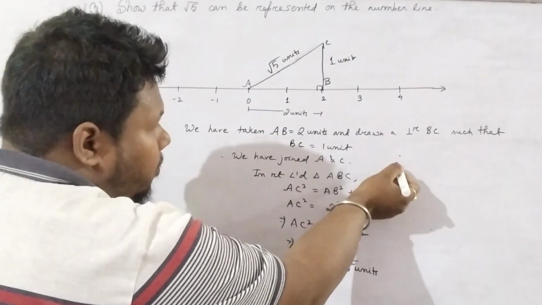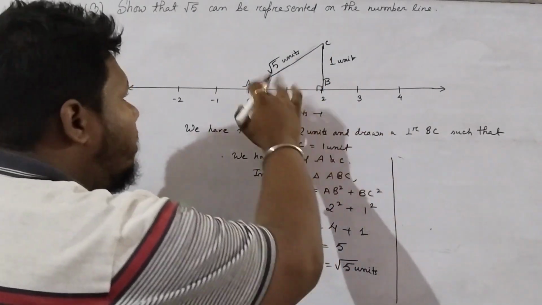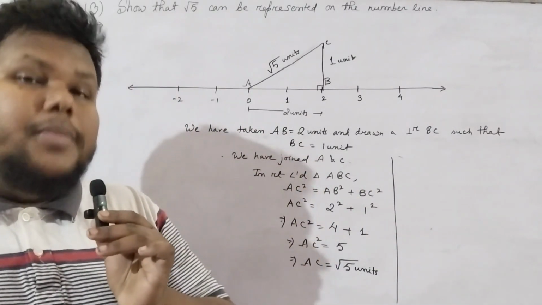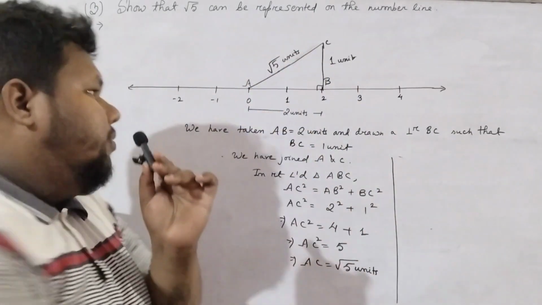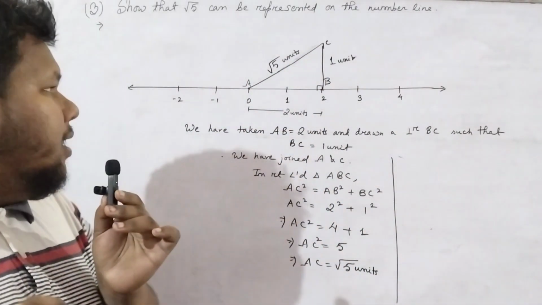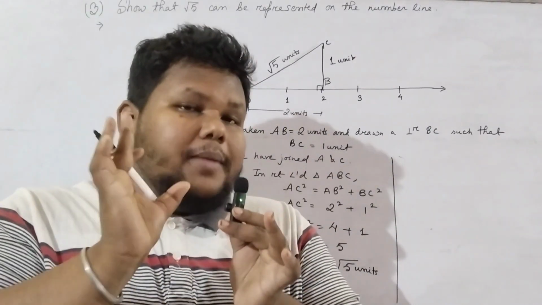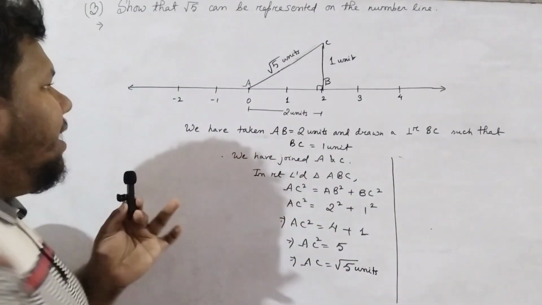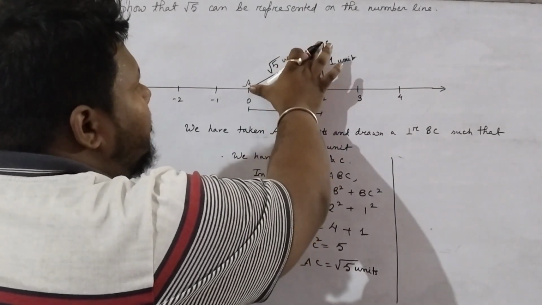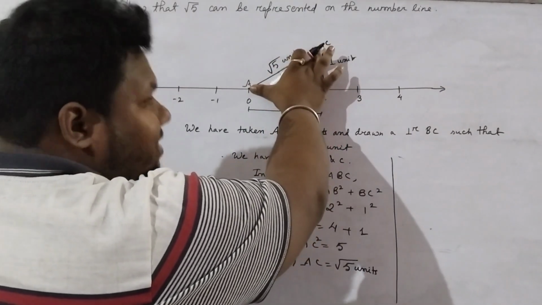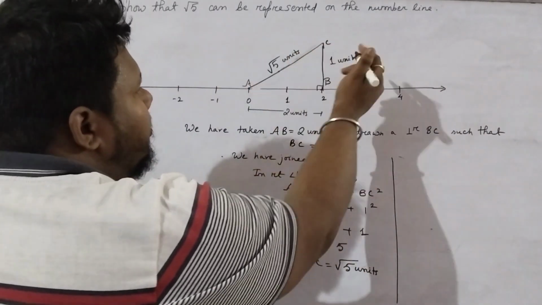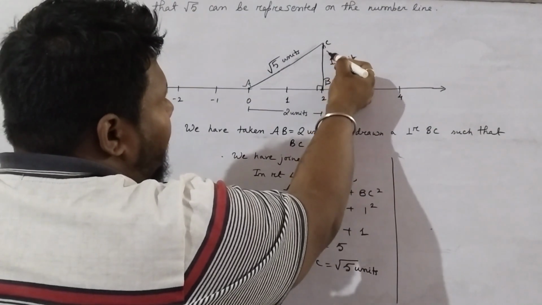Now we got AC equal to root over 5 units, but we have to represent it on the number line, right? This is above, not on the number line, so we have to bring it down. Since I don't have a compass, but you have to use a compass here, you place the center of the compass at point A, take the radius as AC, and taking AC as radius, you draw an arc.